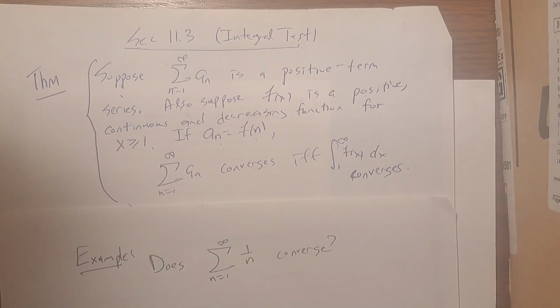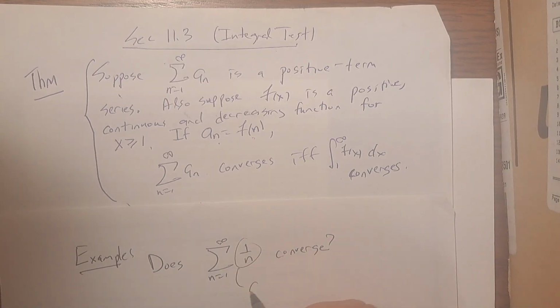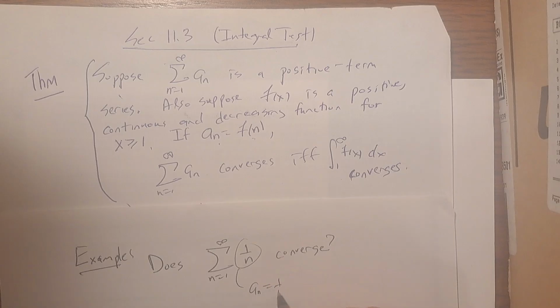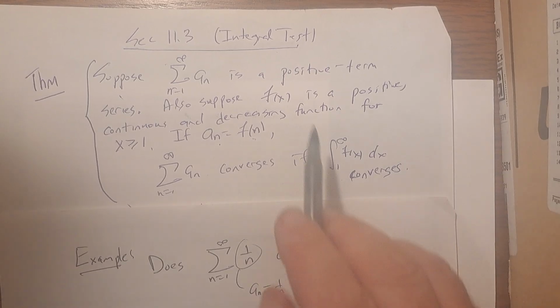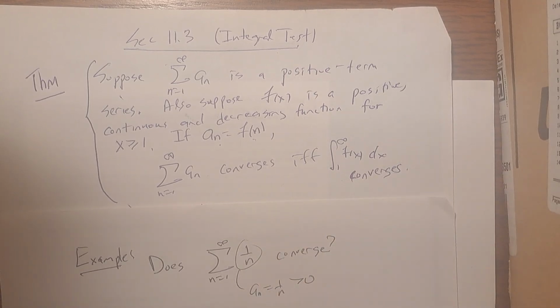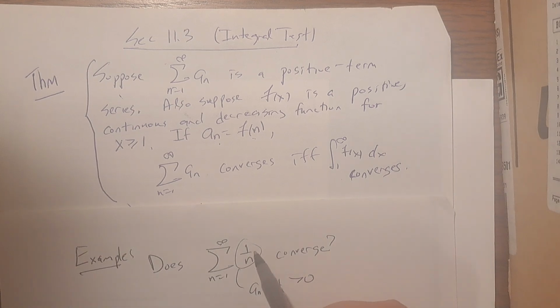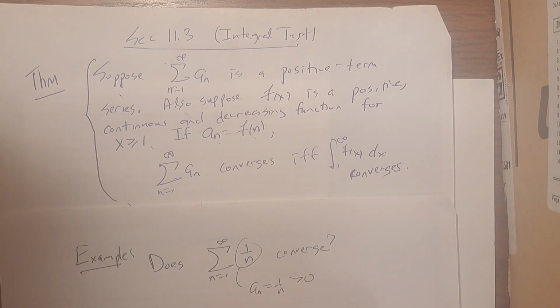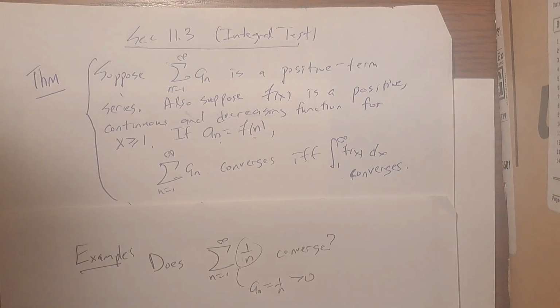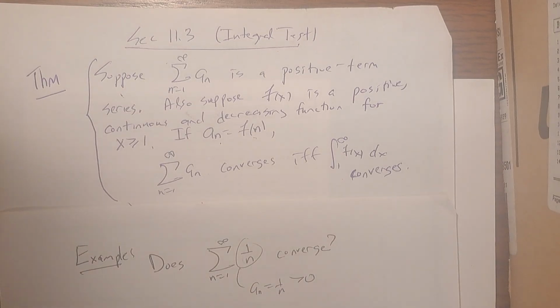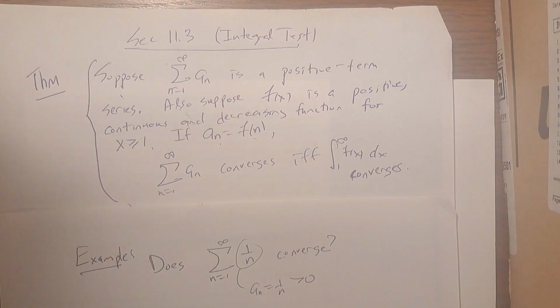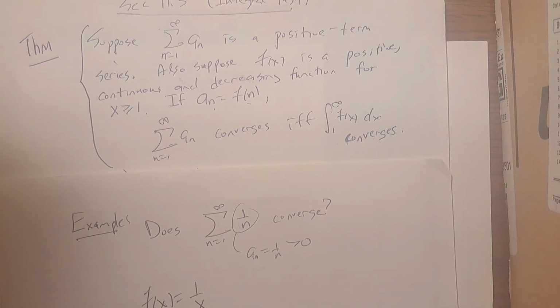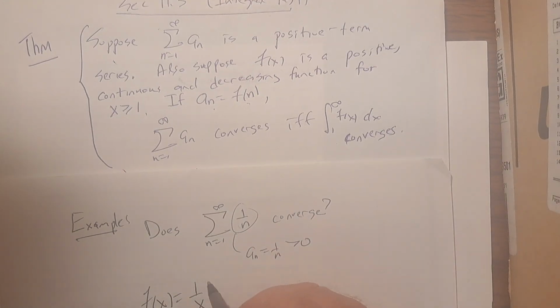But you have to make sure that you meet the conditions. So one thing is your a sub n is 1 over n. That's a positive term series. So that's one of the conditions. And your function that you make up just so it agrees with this has to be positive, continuous, and decreasing from 1 and up. Okay? Well, let's start working on those three things.